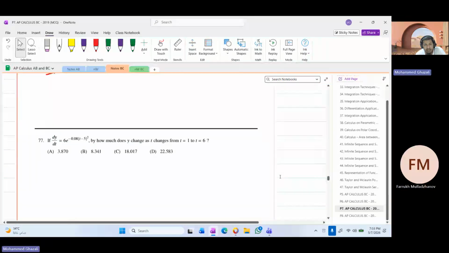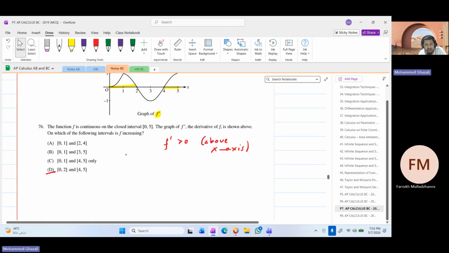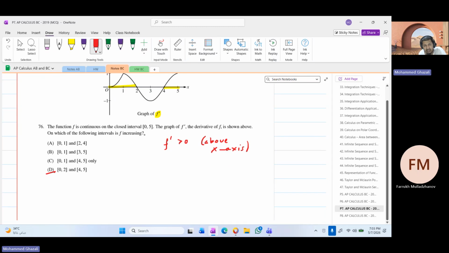What they used was the term increasing. Sometimes they make it greater than or equal to 0. But if it's strictly increasing, with f prime greater than 0, then you can't include the equal to signs: 0 you can't include, 2 you can't include, and 4 you can't include.